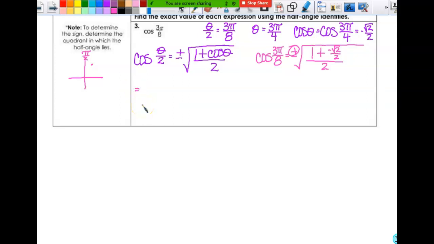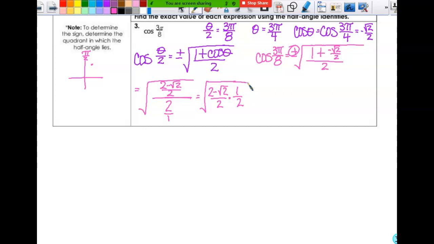So now the rest is just basic arithmetic and fraction skills from 4th grade. Big old square root, got to make sure everything is under that square root. In the numerator, you need a common denominator of 2. So that would give me 2 minus the square root of 2 up there. The denominator is 2. So if I think about that as 2 over 1, then that's equal to the square root of 2 minus the square root of 2 over 2 times 1 over 2.